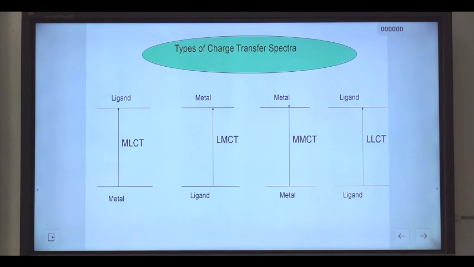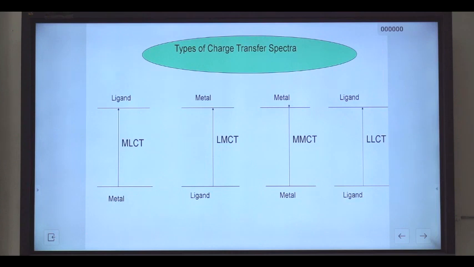In case of metal to metal charge transfer, both are metals but their oxidation states are different. For example, if I assume the metal chromium having oxidation state +3 or +6, then the transition state changes from +3 to +6, having the similar metal but different oxidation state.